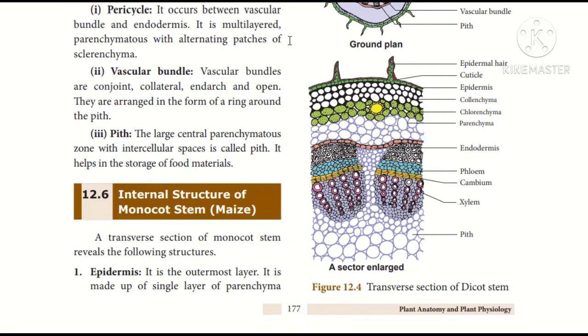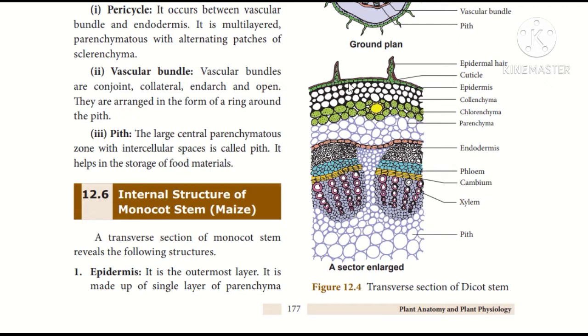Internal structure of dicot stem. The first structure that you can see in the internal structure of the dicot stem is the epidermis. This epidermis is the outermost layer and it is usually made up of a single layer of parenchymatous cells, and the cells are arranged without any intercellular space.